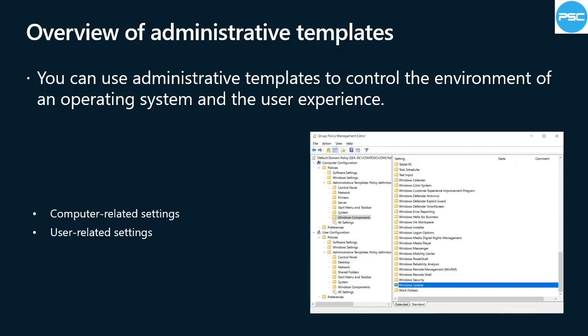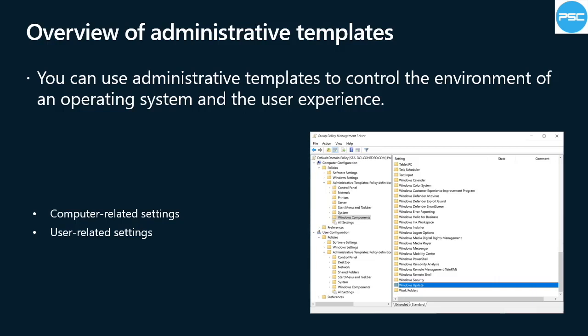There are two sets of administrative templates: computer-related settings and user-related settings. They have subnodes that correspond to specific areas of the environment, such as network, system, and Windows components. The settings in the computer section of the administrative templates node edit the HKEY_LOCAL_MACHINE hive in the registry.